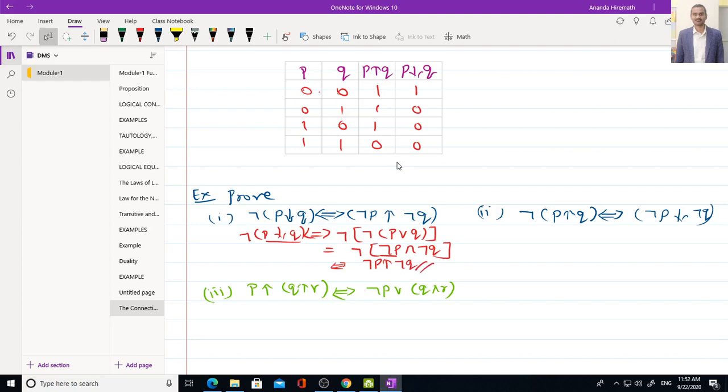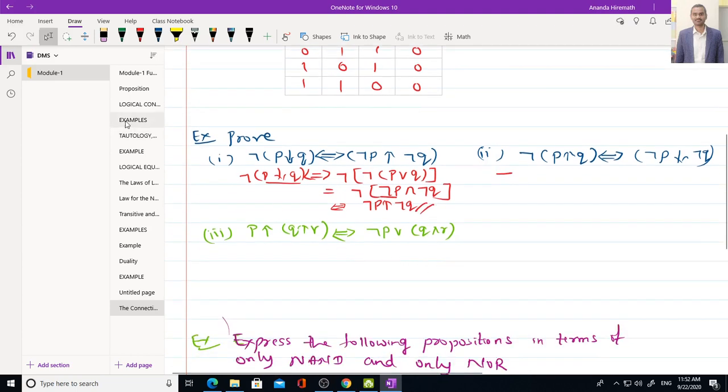Now you can solve the second example on your own. Well, the third example: (P NAND Q) NAND R is given as LHS. Now let us try to solve this. First let us consider the LHS and write.